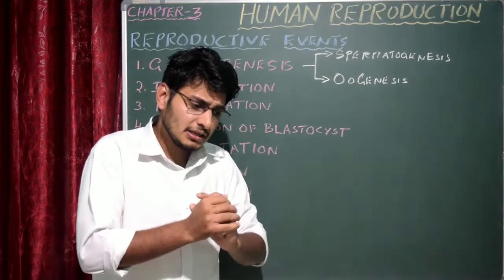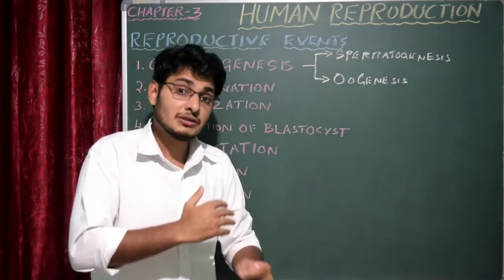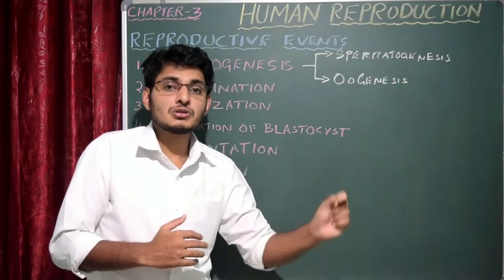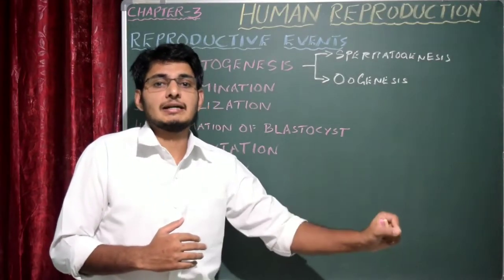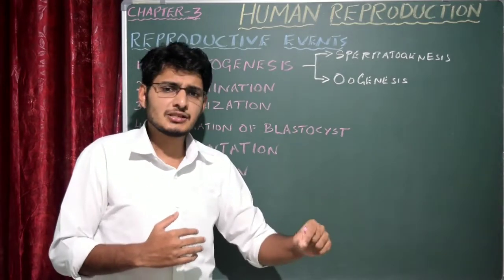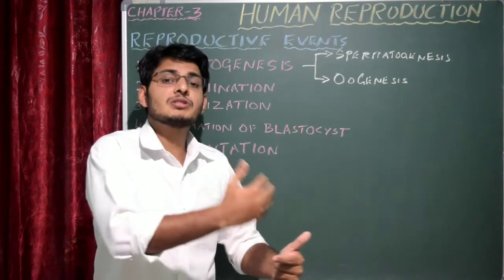Another thing in the female is the enlargement of the mammary glands. That means in females the menstrual cycle has started, that means the process of release of the ovum has started. That is the onset of puberty in females. Whereas in the case of males, he starts to produce sperms during the onset of puberty.